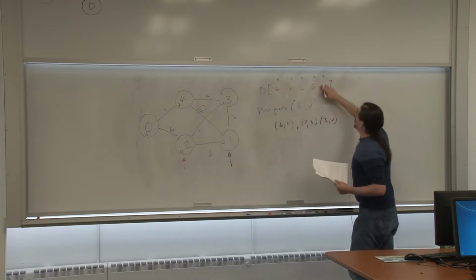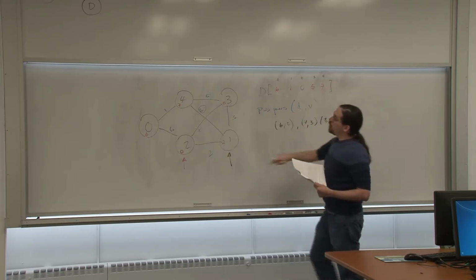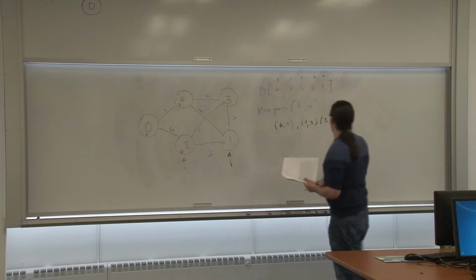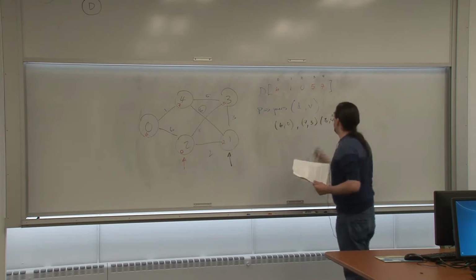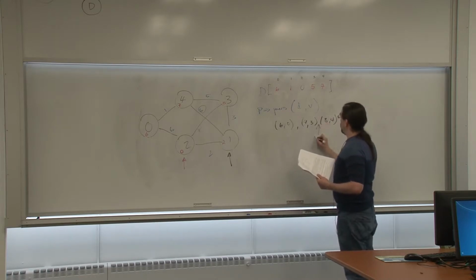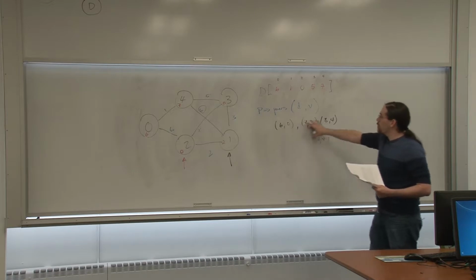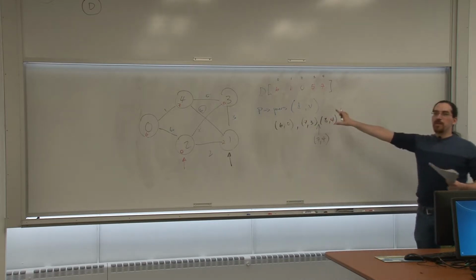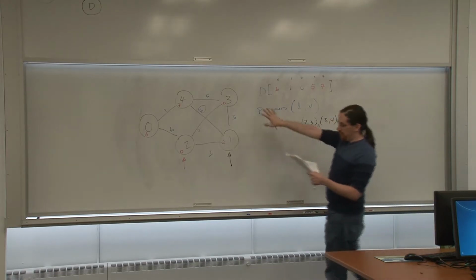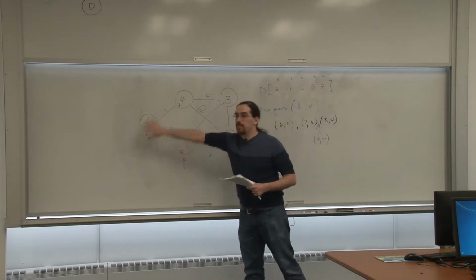So we'll update our value here, and we'll push the new value, 7, 4, into the queue right here. And then we will walk through all of the rest of these, and we'll find that none of them give us any updates. And so this is our optimum distance array.